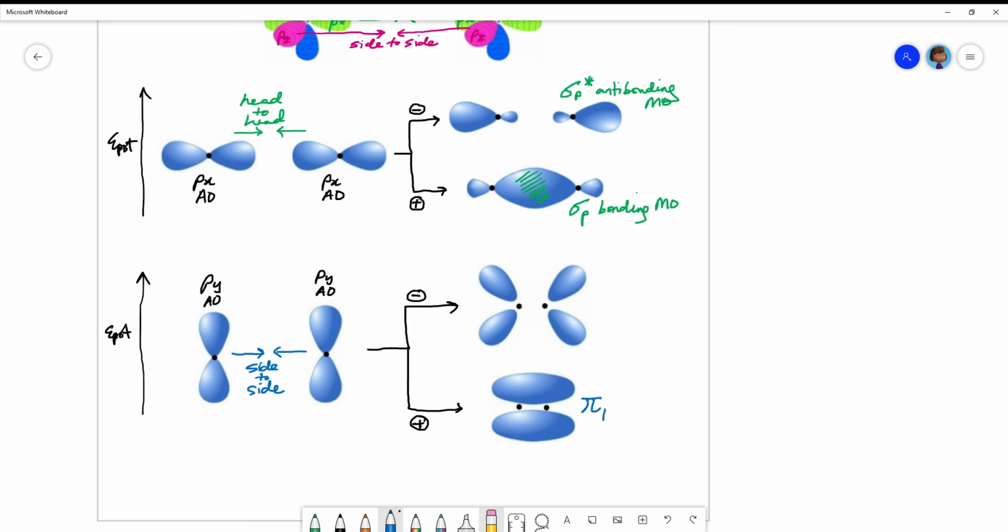This is called the pi-p bonding molecular orbital. So if it's head to head, we get sigma bonding and antibonding molecular orbitals. But if it's a side-to-side combination, we get pi bonding and pi antibonding molecular orbitals.